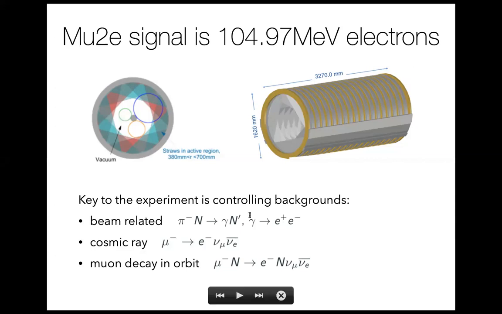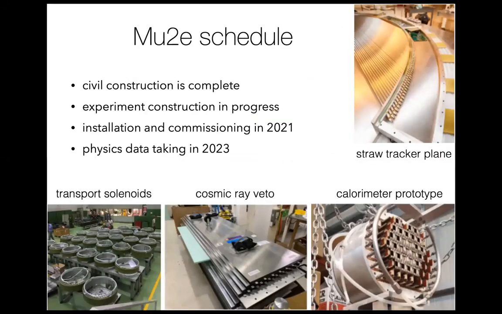Here's what the decayed muons, or converted electrons, see. It's tracker planes. It's almost massless tracker planes to measure the momentum of the electrons that accurately. The civil construction of the experiment has been completed.